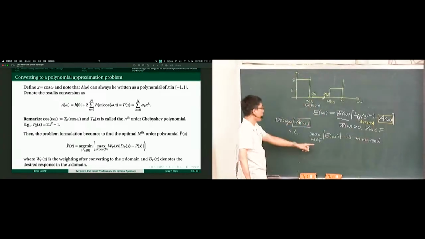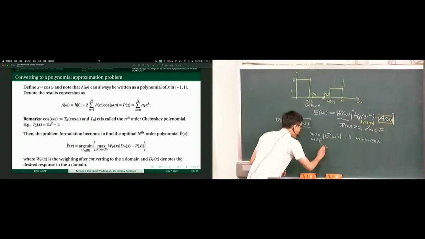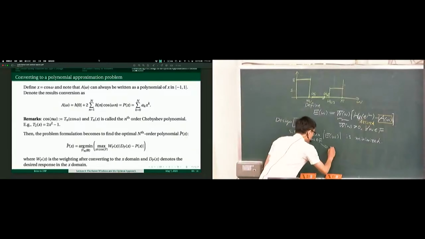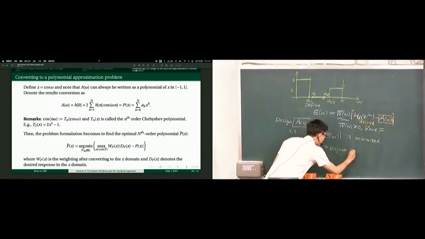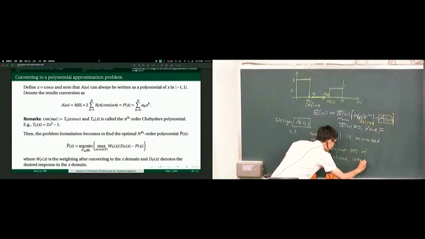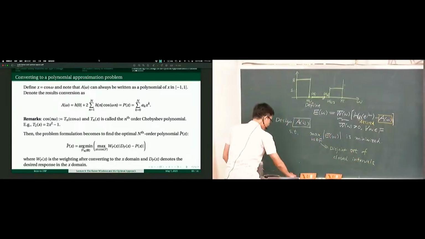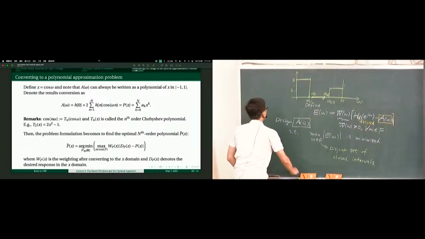F is a disjoint set of, should I say, closed intervals. So in this case, what is F?